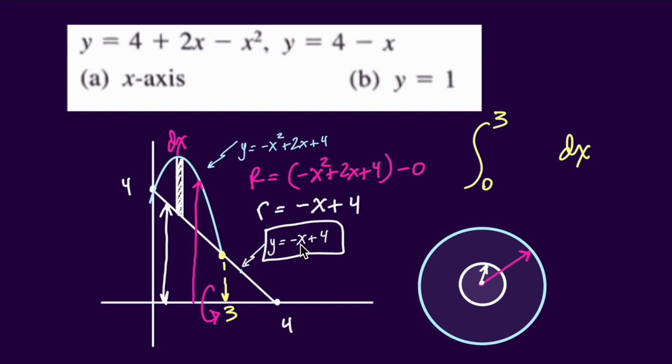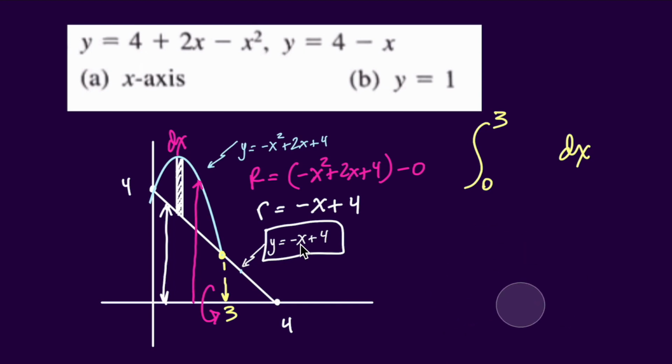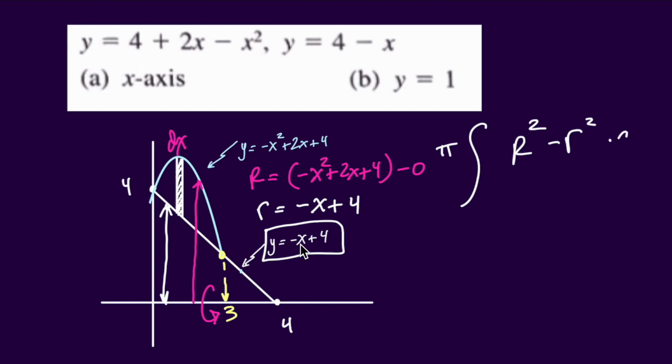Now that we have our two radii, we know the integral for the washer method is pi times big R squared minus little r squared, and in this case it's dx from x equals 0 to x equals 3.